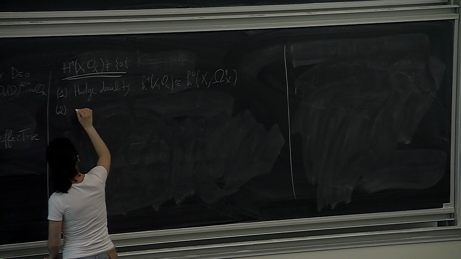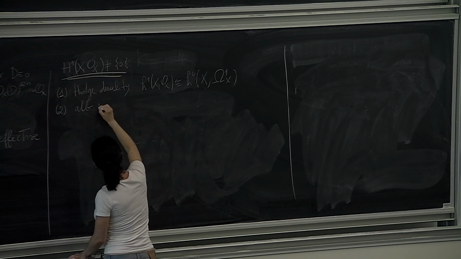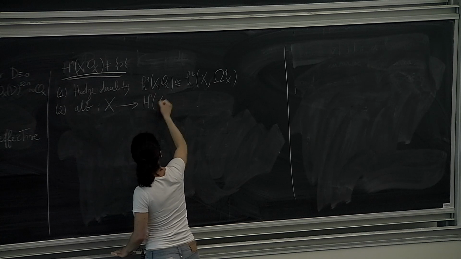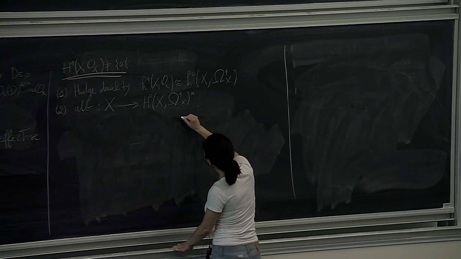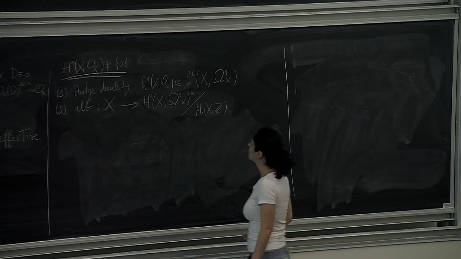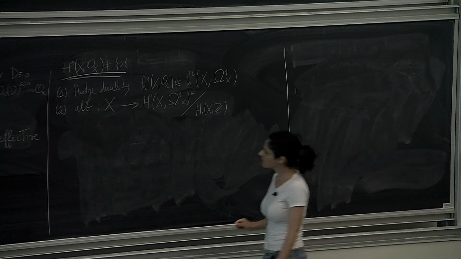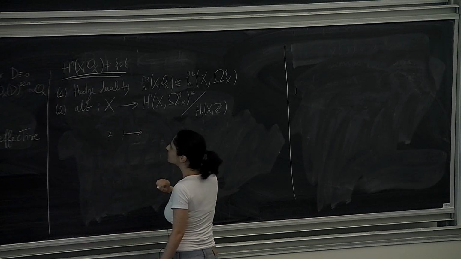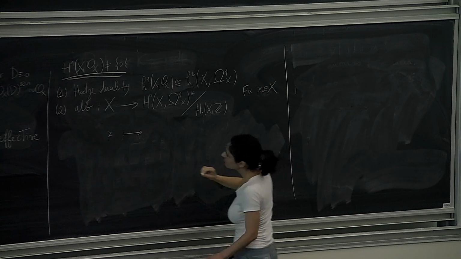And the second thing I will use is the Albanese morphism. The Albanese morphism is a morphism that goes from the variety X to the functionals on one forms modulo classes of loops in X. And what is this functional? So what is this morphism? We fix an x0 in X from the start.